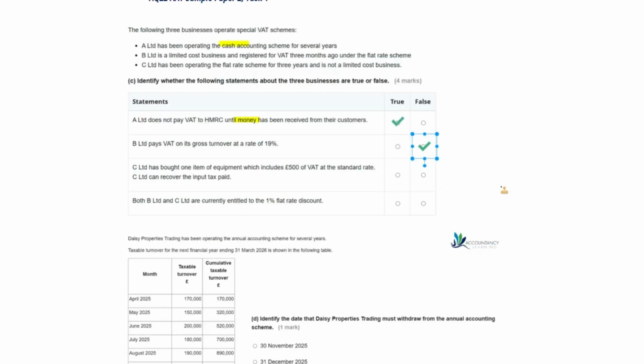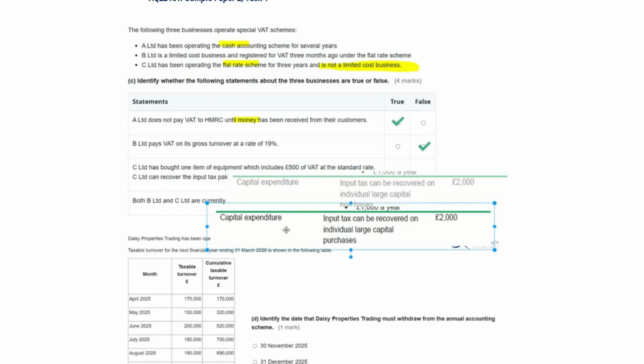C Limited has bought one item of equipment which includes £500 of VAT at the standard rate. C Limited can recover the input tax paid. Now C Limited is operating the flat rate scheme and is not a limited cost business. So in the reference material, I'm going to bring up a little snippet about capital expenditure on the flat rate scheme.